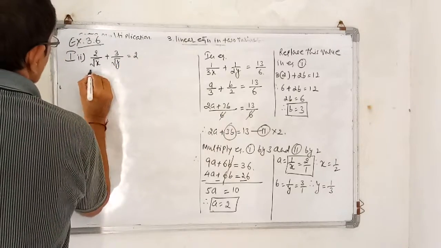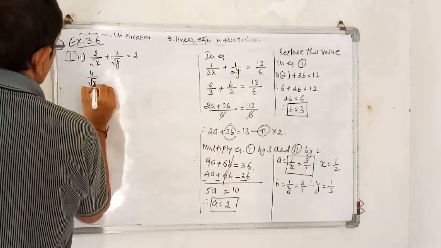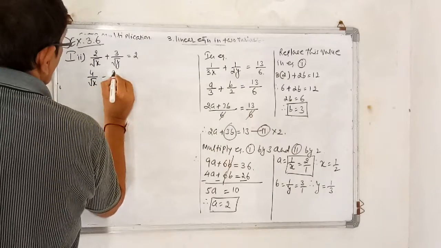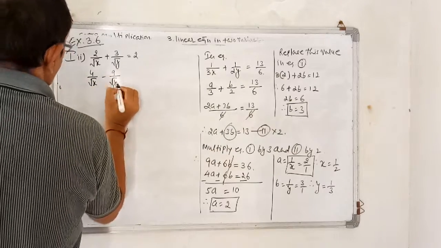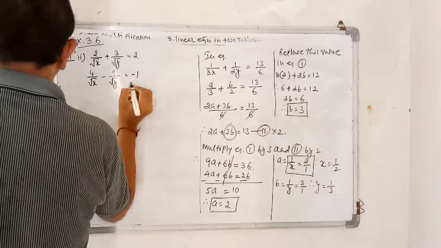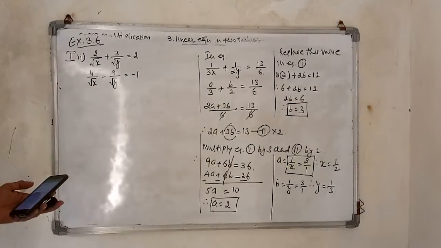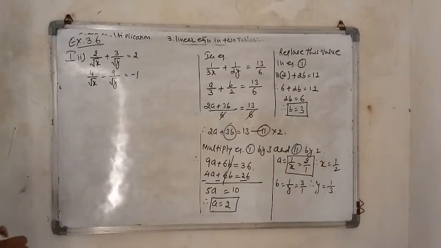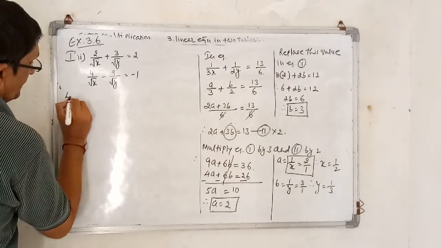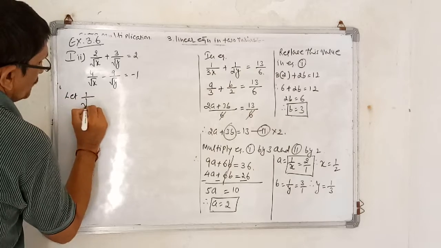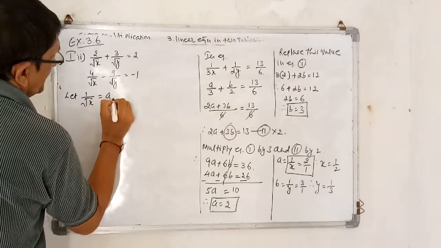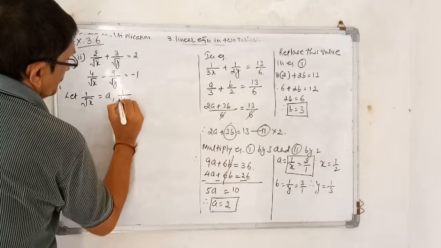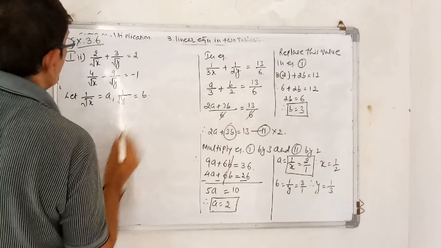And the second is 4 upon root x minus 9 upon root y is equal to minus 1. Again here, let 1 upon root x is equal to a and 1 upon root y is equal to b.